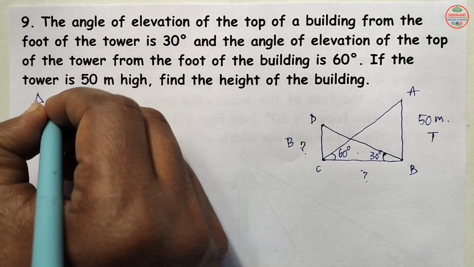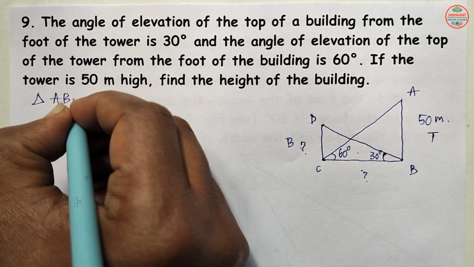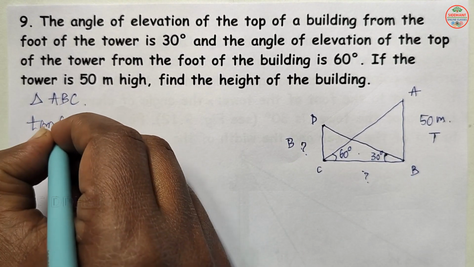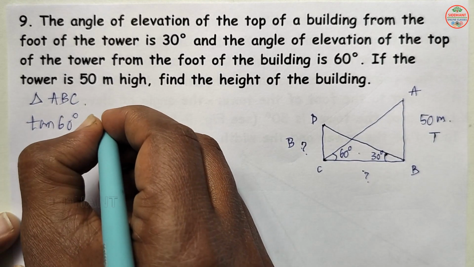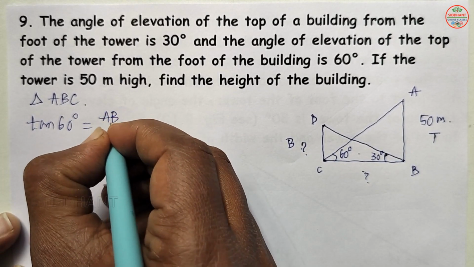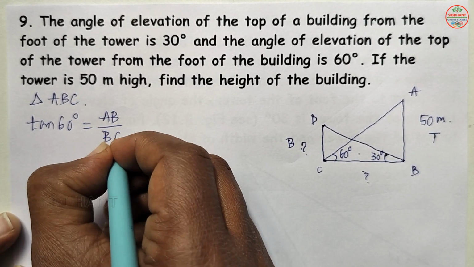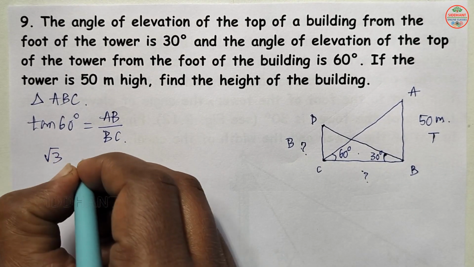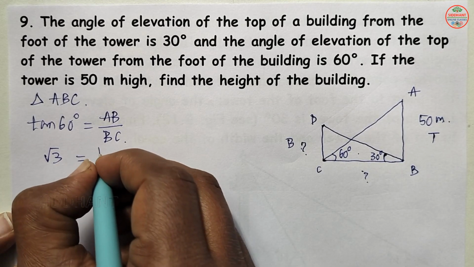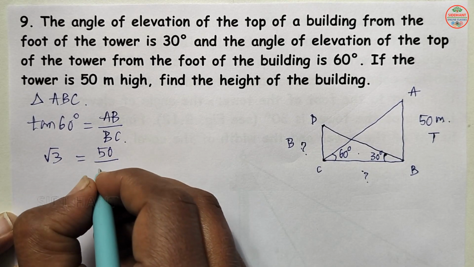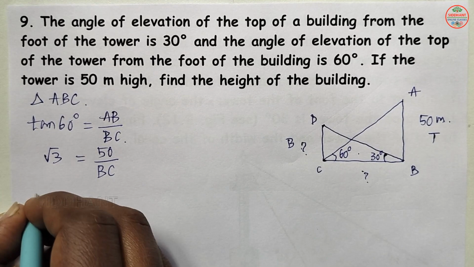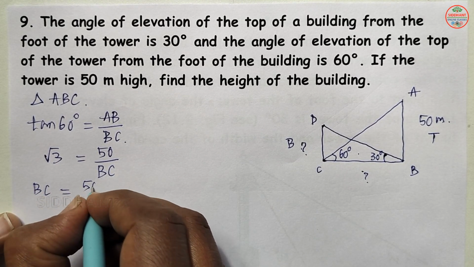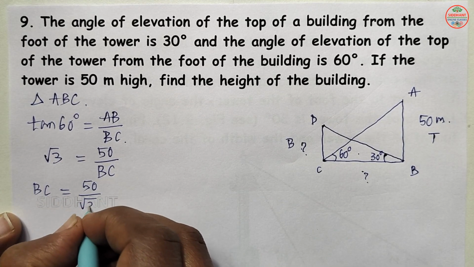Triangle ABC. We take angle 60, so tan 60 equals AB by BC. Tan 60 is root 3, AB is given as 50, and BC we are going to find. So BC equals 50 by root 3.